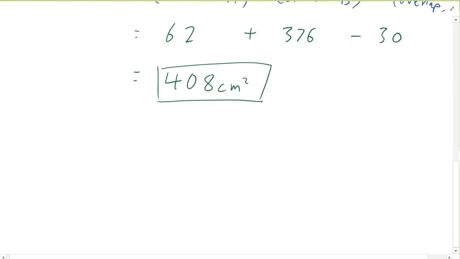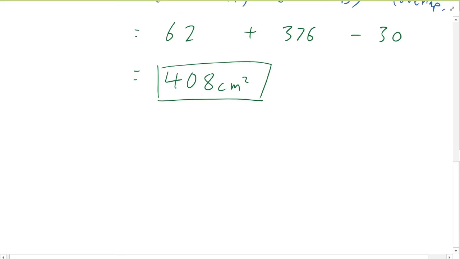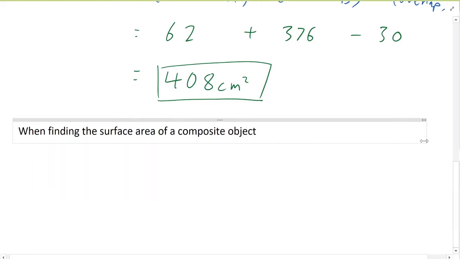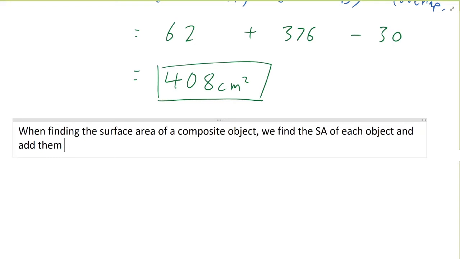Okay, let's summarize what we've just discovered here. When finding the surface area of a composite object, we find the surface area of each object and add them up.